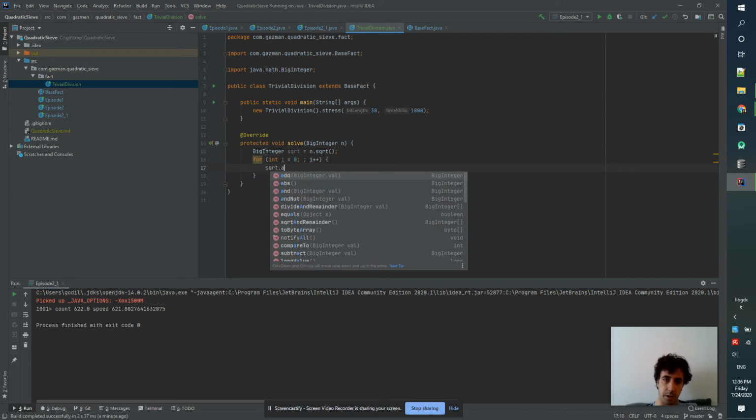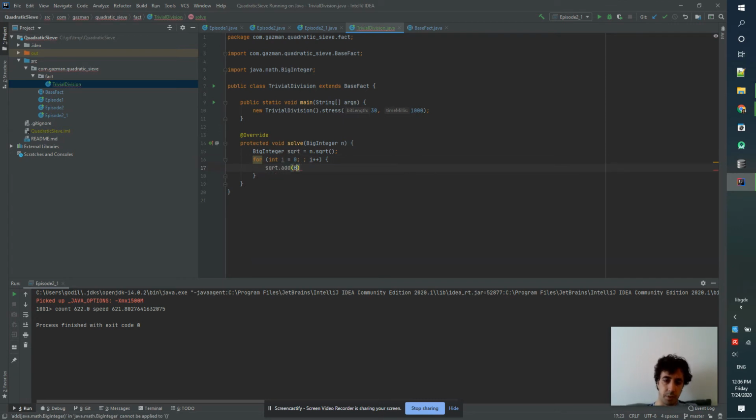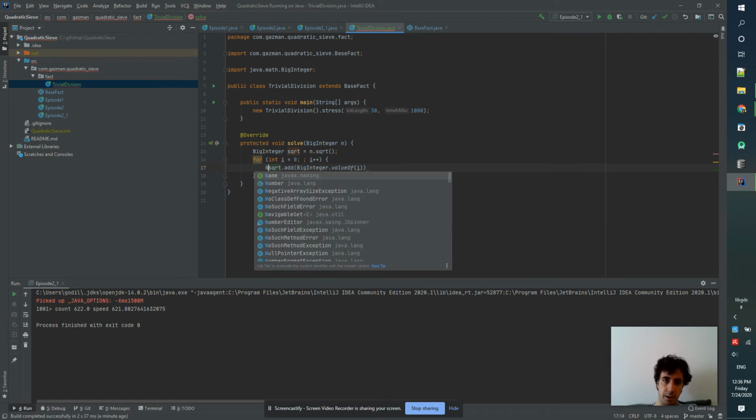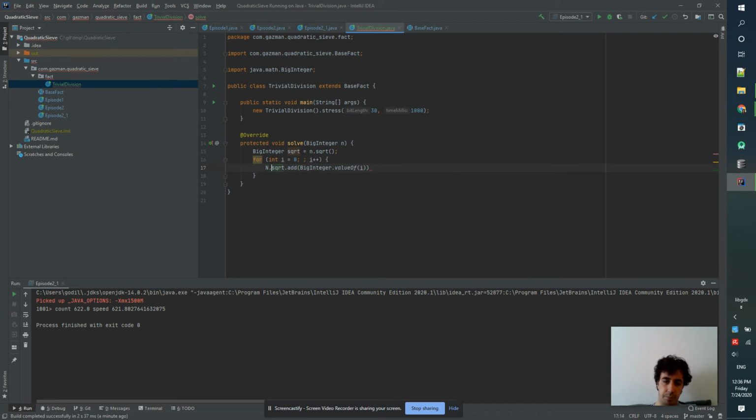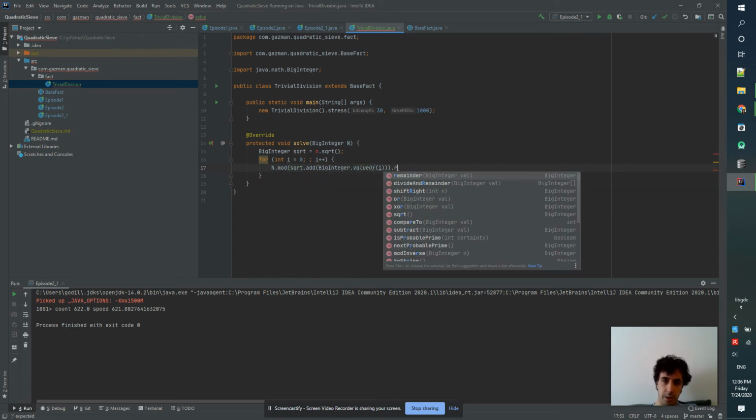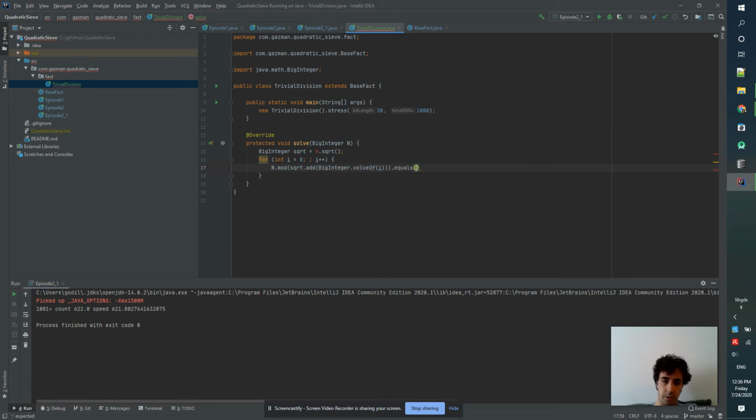So square begins with the value of i, and let's see if n modulo that is equal to 0.